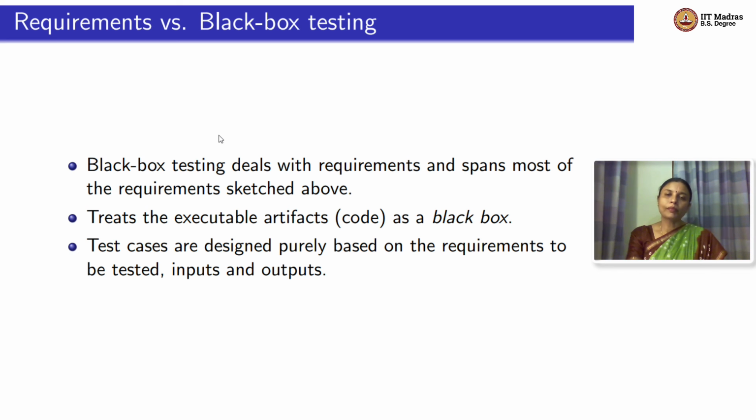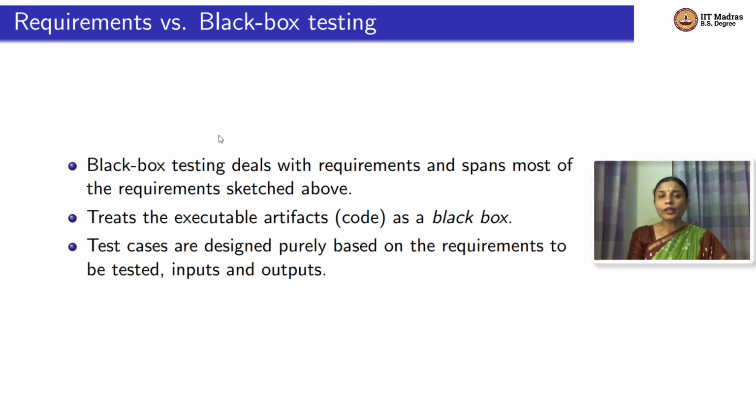To recap, which we saw from the first lecture, black box testing deals with requirements. It spans all the variety of requirements that we sketched just in this lecture. And test cases are designed in a black box style, in the sense that the test cases are executed on code, which is the executable entity.